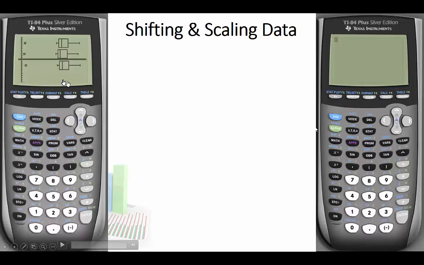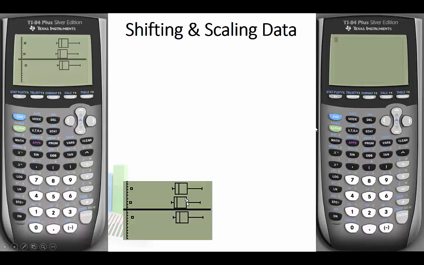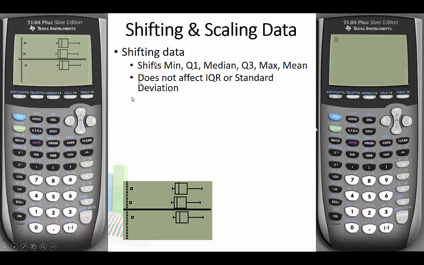The graphs don't look any different, right? You can see they look very similar. But what does happen is that basically it shifts the min, Q1, the median, Q3, the max, and the mean. So the actual numbers or measurements that we have for data points. It did not affect the IQR or the standard deviation.